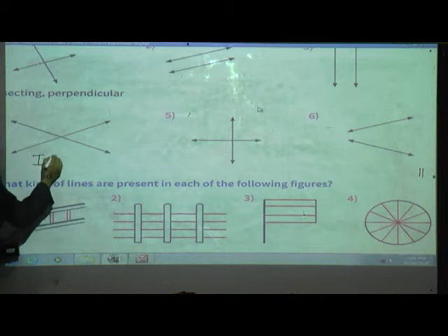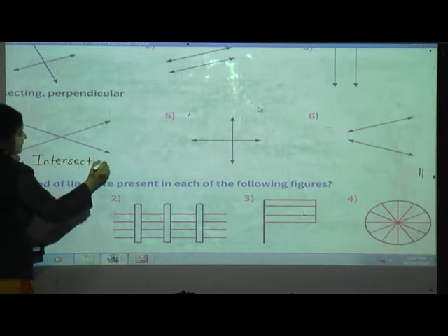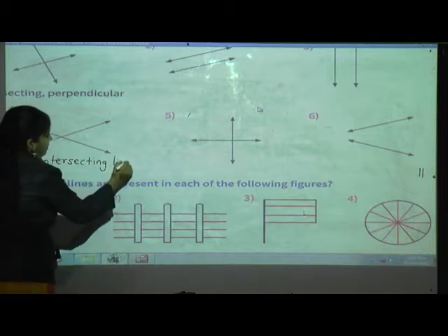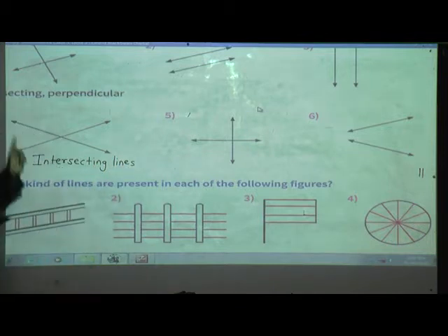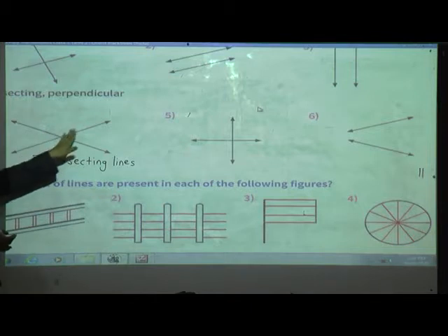Very good. They are intersecting lines because these two lines meet each other in here. So they are intersecting lines, so they are not parallel lines.